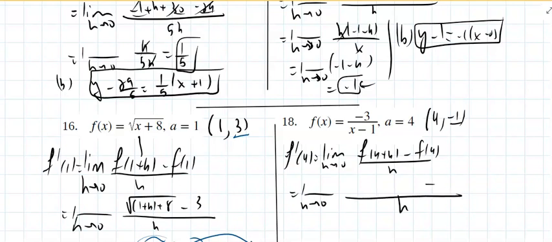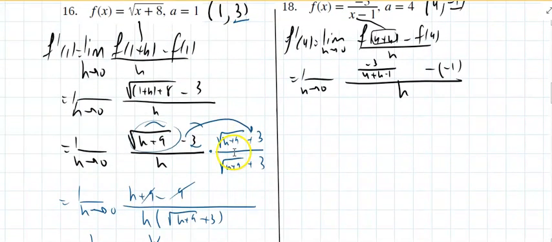This I already know is a negative 1, but f of 4 plus h, you put it right there, negative 3 over 4 plus h minus 1. That is the limit as h approaches 0 of negative 3 over h plus 3 plus 1, over h.